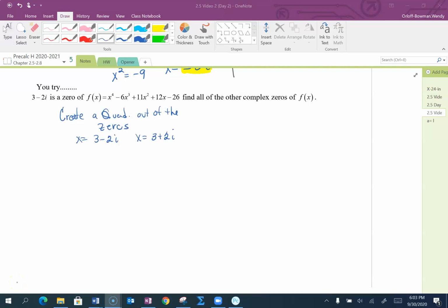Okay, as promised, I'm going to create that quadratic and do this as long division. I'm going to use that trick that I showed in the prior video, where as long as I think of A, my leading coefficient, being 1, then I think about B coming from the opposite of the sum of the zeros, and C coming from the product of the two zeros.